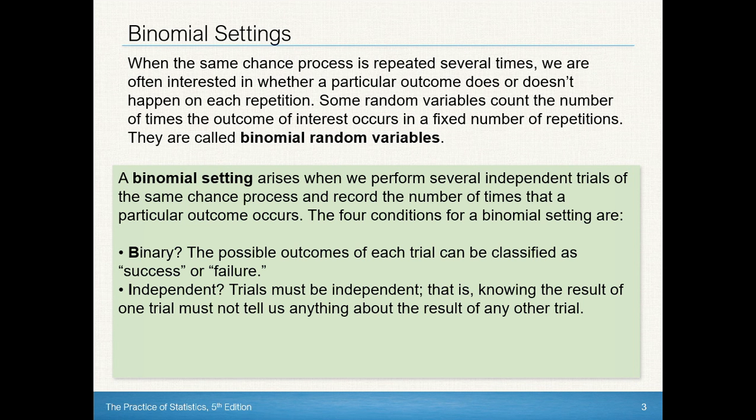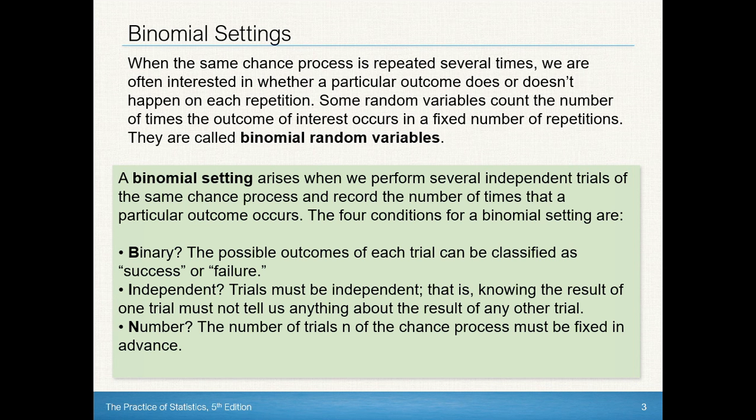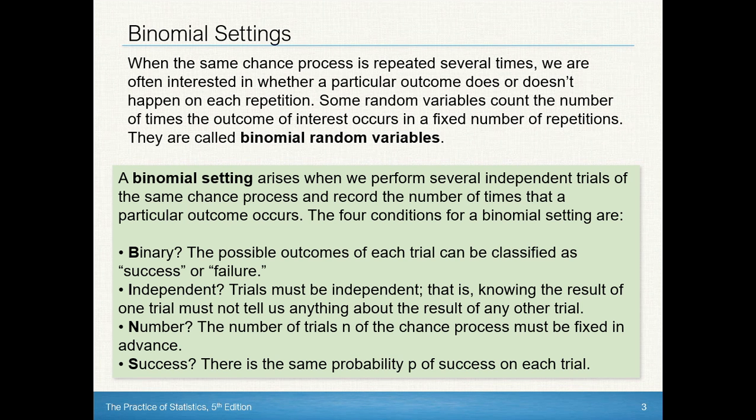Each trial has to be independent of the others. In other words, knowing the outcome for one trial doesn't tell me anything about the next one. We have a fixed number of times that we're going to do this, and the probability of success is the same each time I do it.